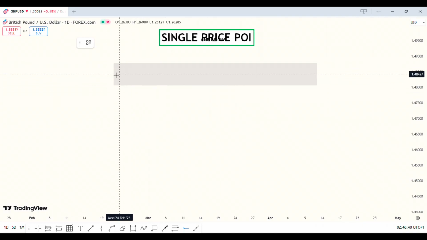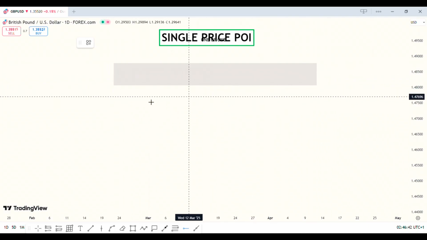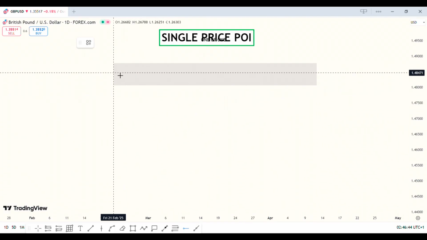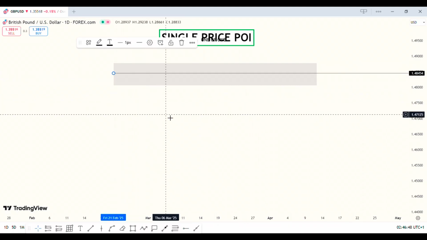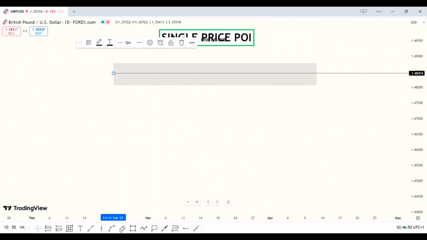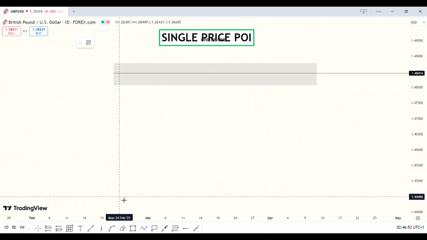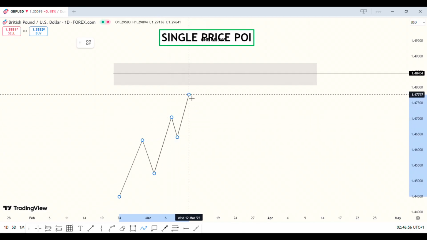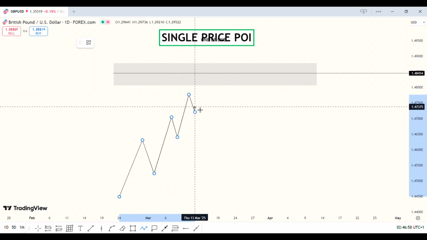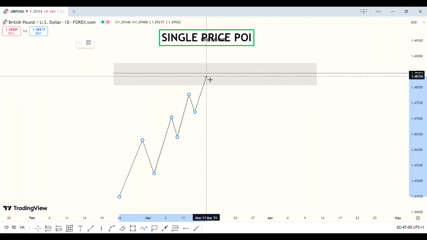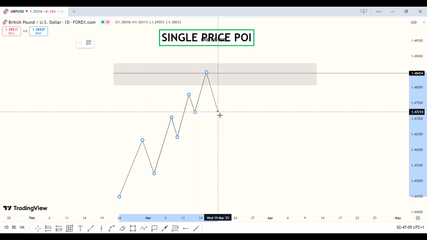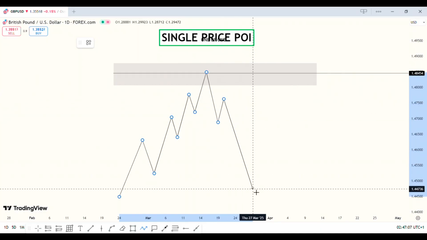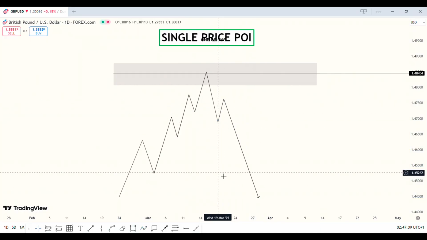So instead of having this whole rectangular zone marked out, we are going to be having a single price, and we can anticipate price to trade into that single price, and it's usually a sniper entry. So we can anticipate price to tap into that and give us that opportunity to trade.